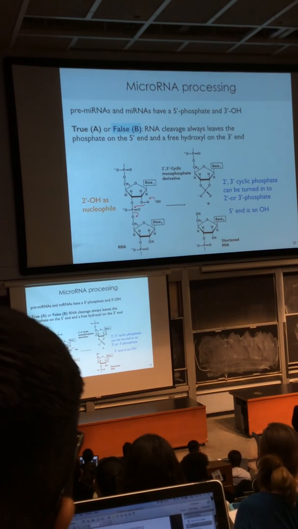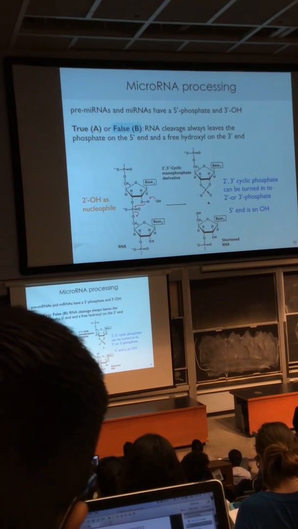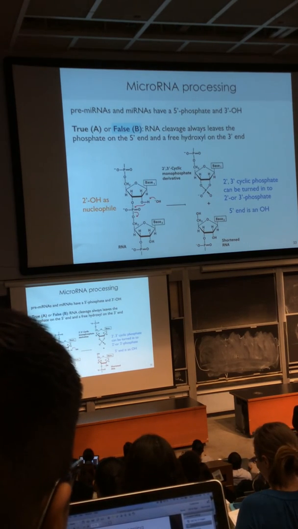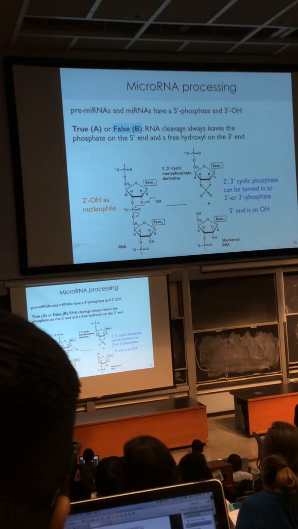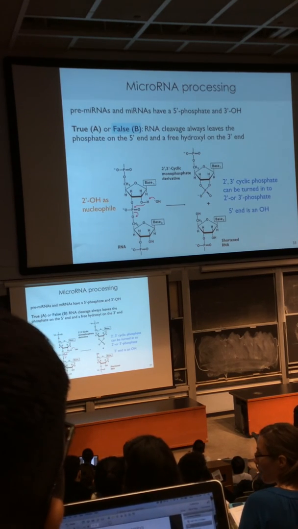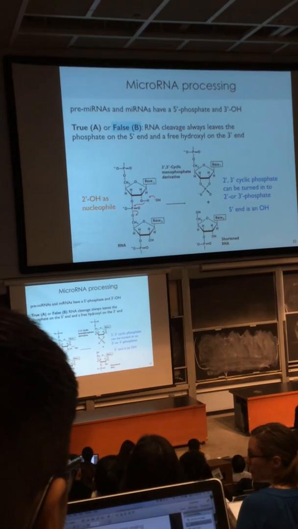And then in the end, this leaves a 5' OH, and the phosphate is linked to the 2' or 3', and it can end up on either in the end. And this is the usual product of RNA cleavage by self-cleavage or by many RNases in the cell.